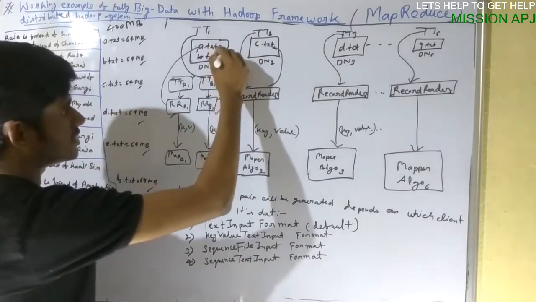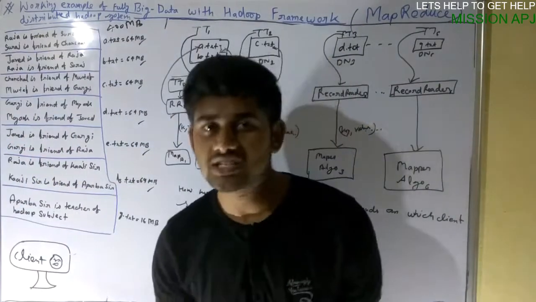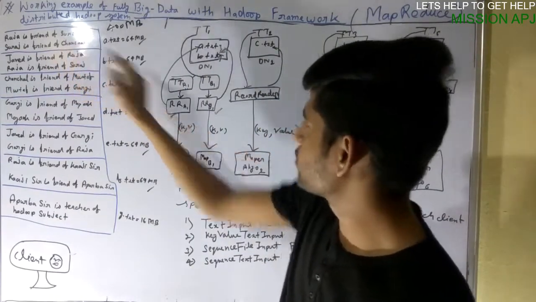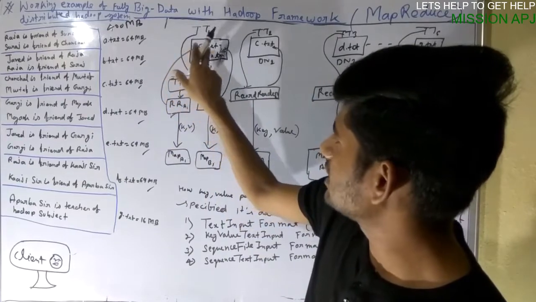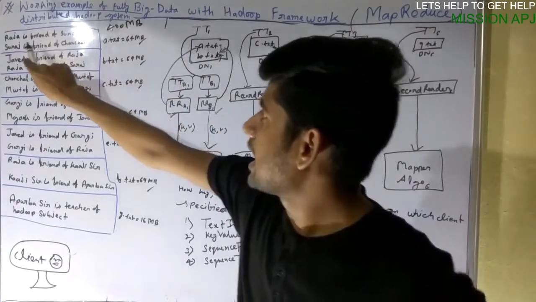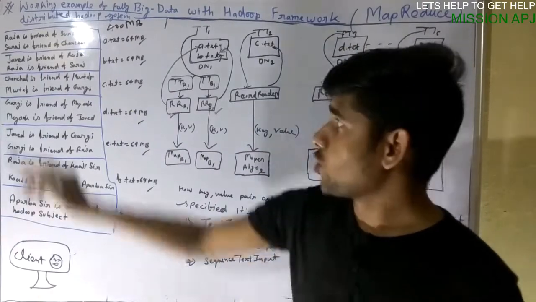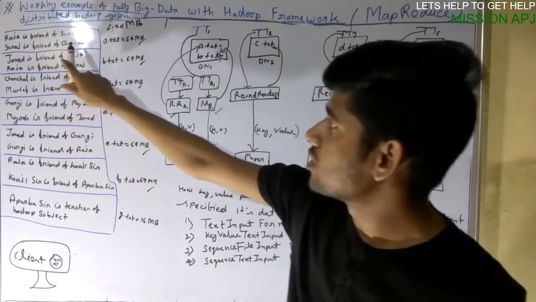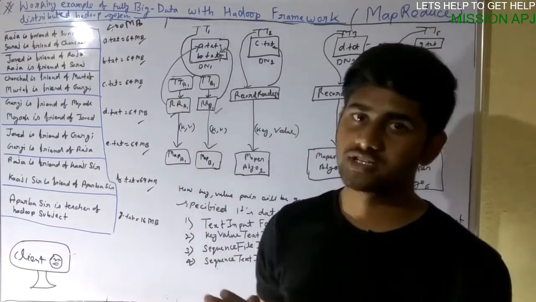Suppose record reader A1 is reading a.txt. It will read one line at a time. One line is: Raja is friend of Suraj. This will be read at a time by record reader A1.